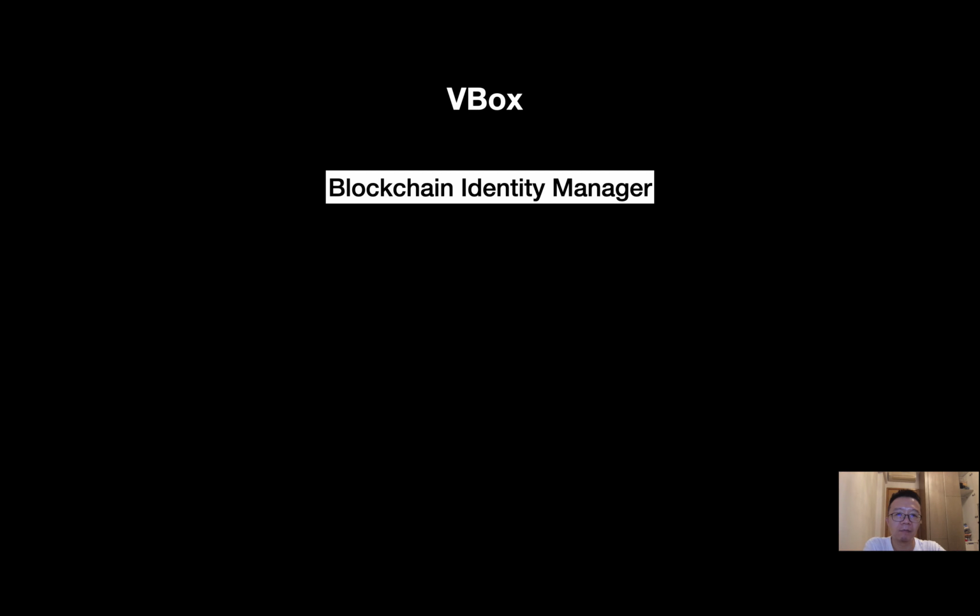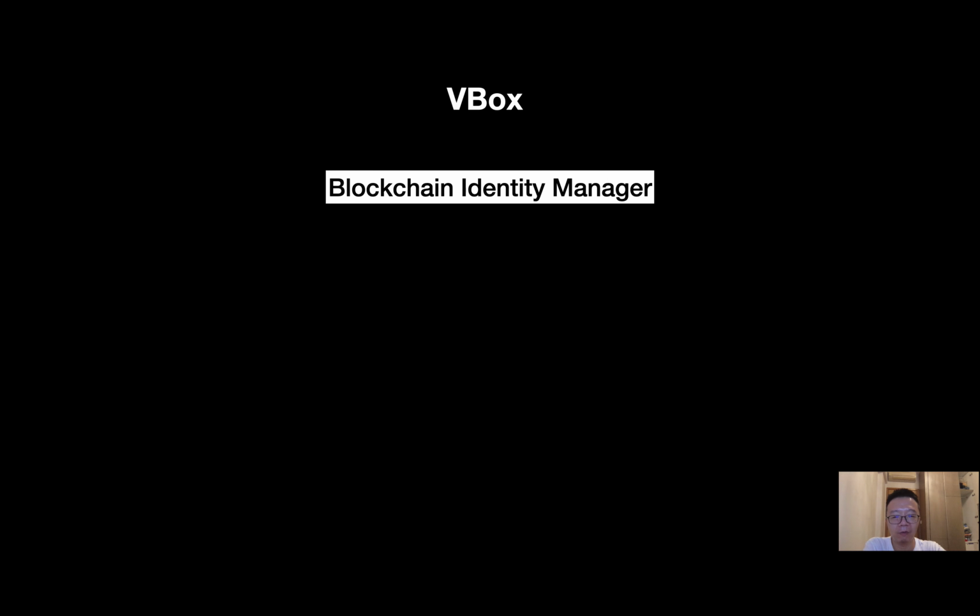VBox is a blockchain identity manager. As we all know, when we conduct internet activities, whether in email, blogs, or social networks, an identity is always required. But for the next version of the internet, what will the identity be?